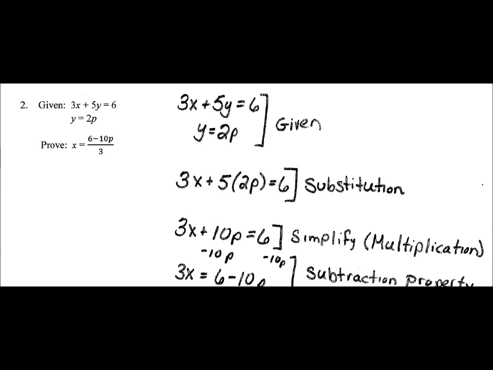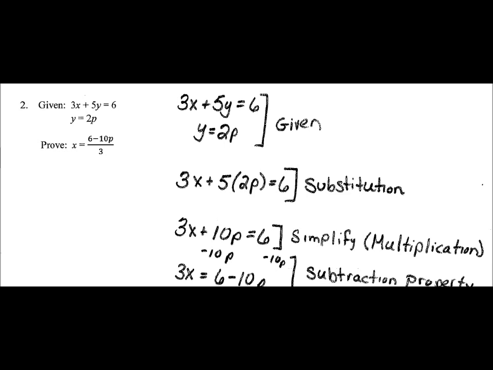Here's the approach that I took to this one. Notice I began by writing my given information. I then used that y equals 2p and completed a substitution to give me 3x plus 5 times 2p equals 6. That's the substitution property. Then I took the 5 times the 2, that gave me 10p. So I have 3x plus 10p equals 6.